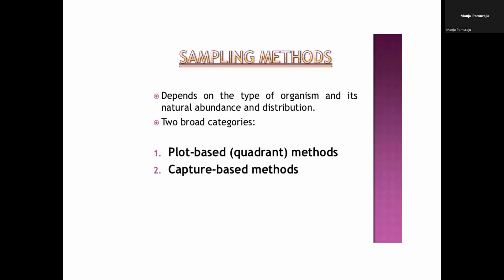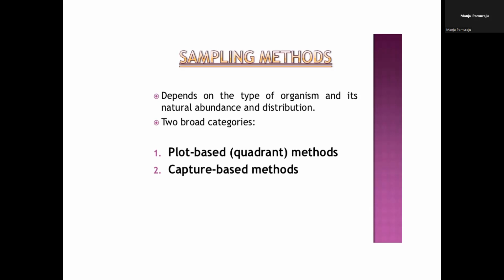Next is the sampling method. In the sampling method, it depends on the type of organism and its natural abundance and distribution. It is classified into two broad categories. One is the plot based method, the quadrat method, generally for small species, where it is not easy to count the number of organisms in that area.